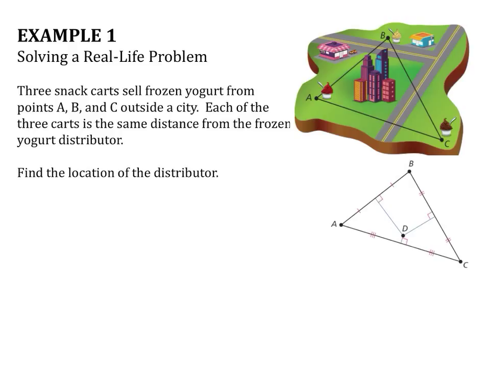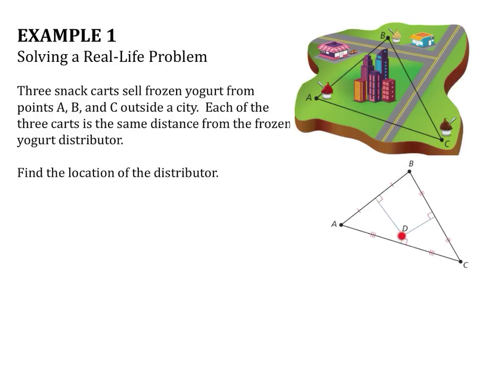So if you were to figure out the perpendicular bisector of each side of the triangle, we know that based on the circumcenter theorem, the perpendicular bisector of each side will come to a common point called the circumcenter.